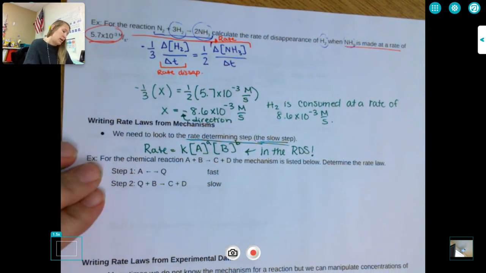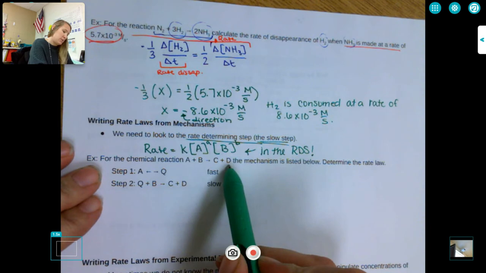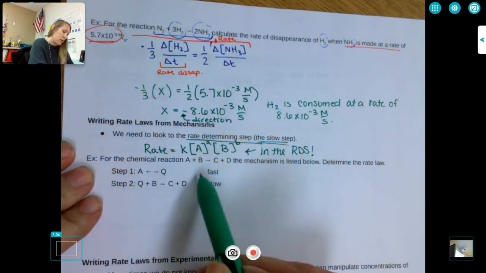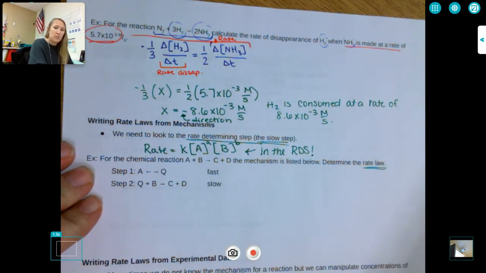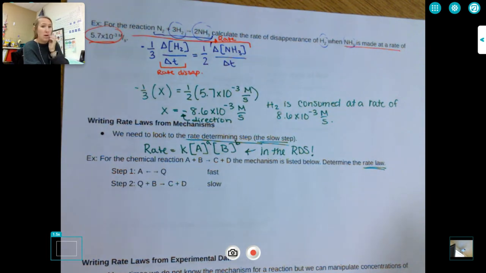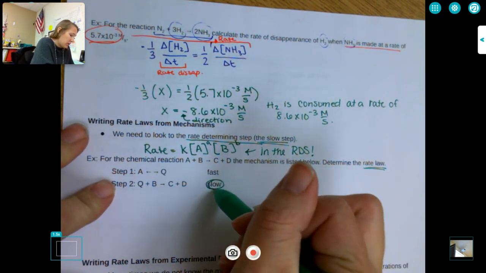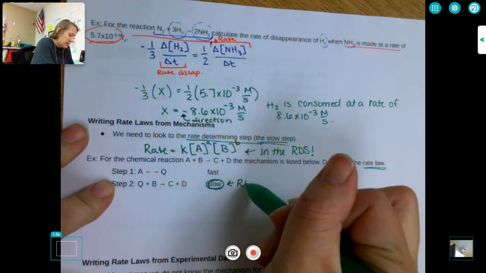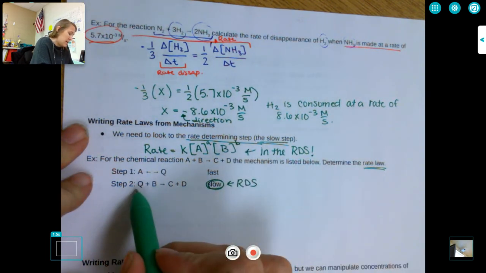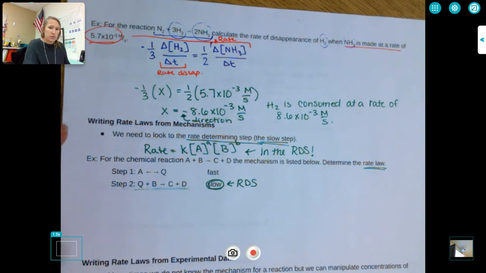So if we look at our chemical reaction, A plus B makes C plus D, our mechanism is listed below. I need to determine my rate law, so I'm just writing out what my rate law is going to be. Well, I have to look at my slow step, that's my rate determining step, and it says that step 2 is your slow step.